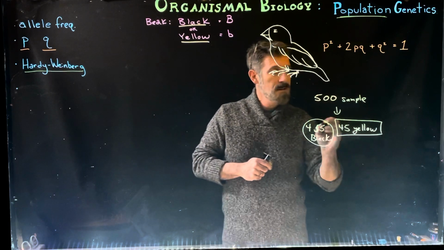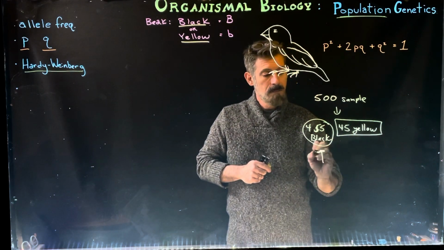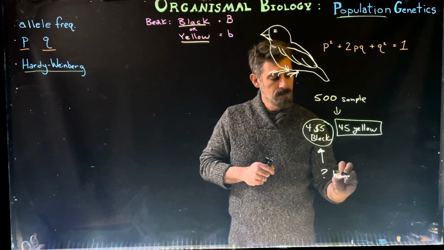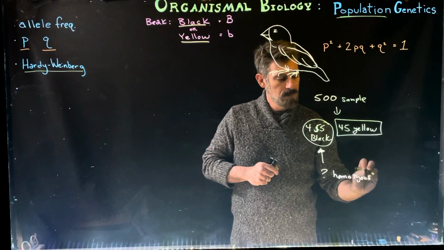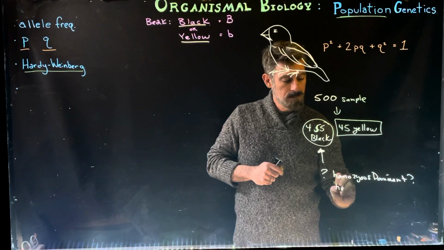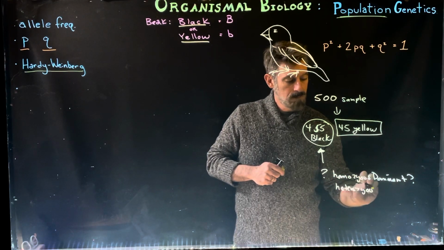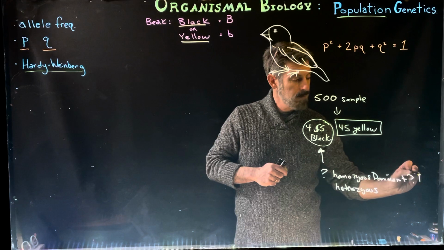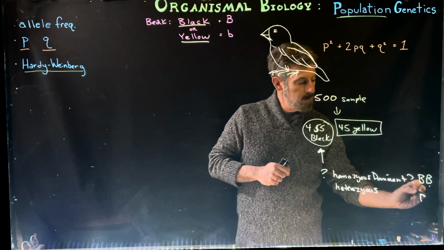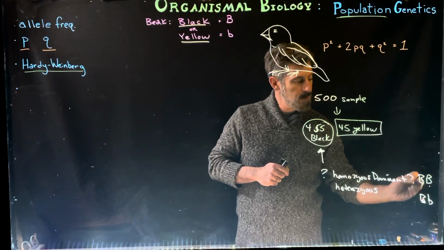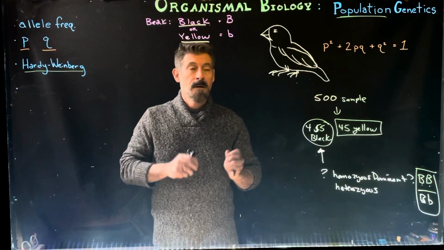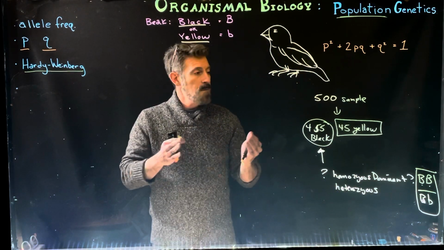And one of our simple questions is, in these individuals that are black-beaked, do we know how many are homozygous dominant and how many are heterozygous? Because they're both going to look in appearance, or phenotype, black-beaked. So we'll take the Hardy-Weinberg equation and see what we can do with this.